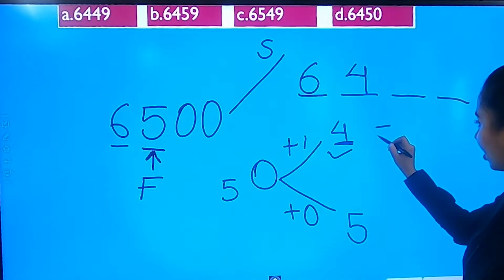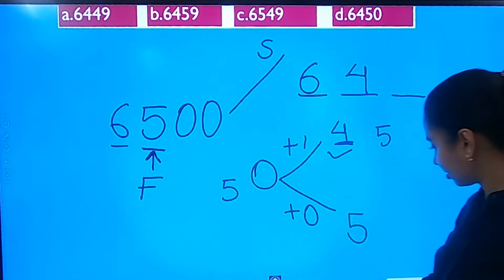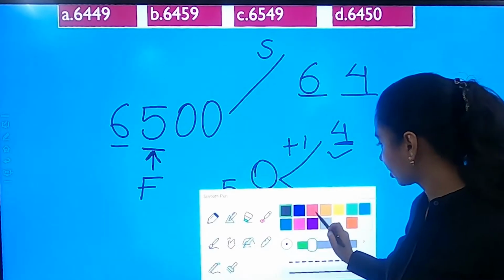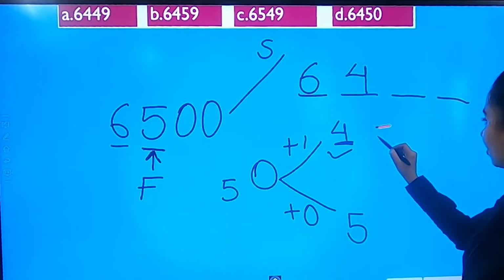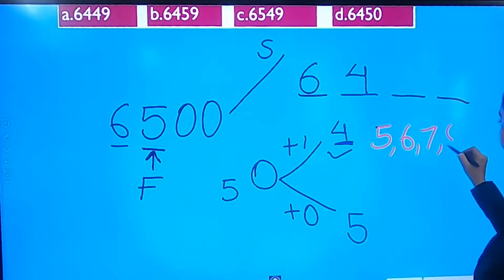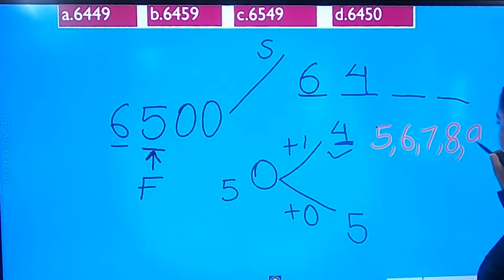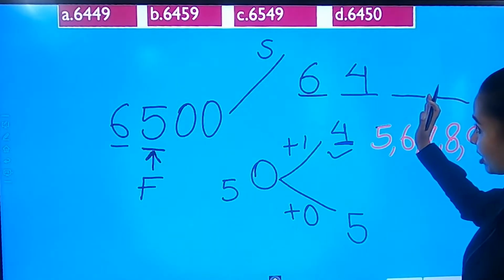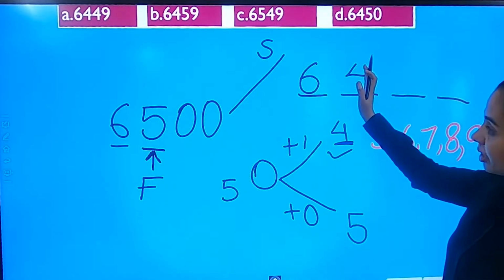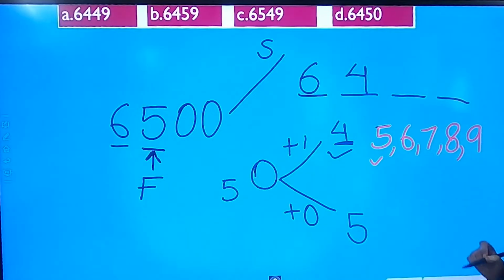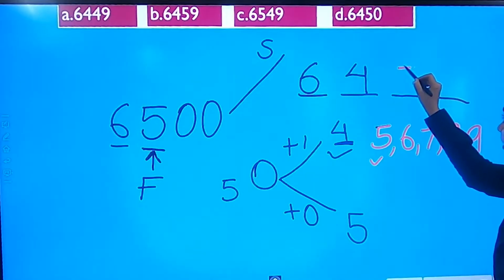They are 5, 6, 7, 8 and 9. If any of these digits are to the right of our focus digit, then only it will be increased by 1. So, we have all these options. We'll select the smallest possible option. So, I will write 5.